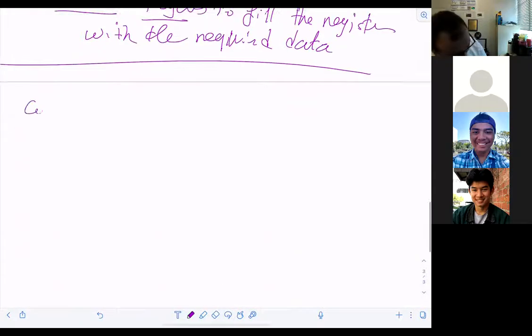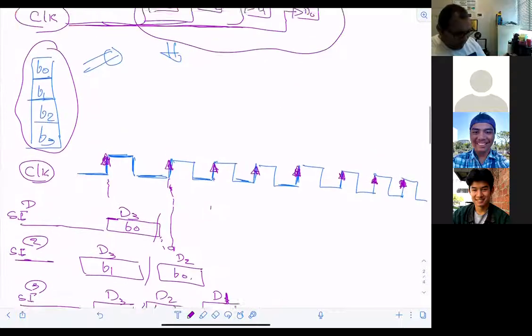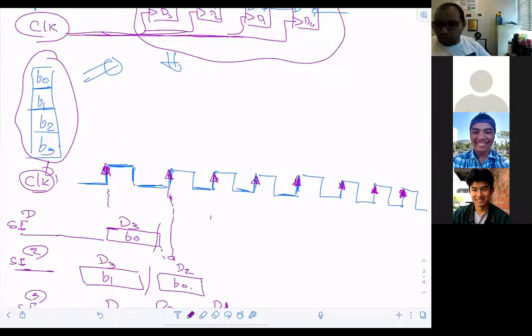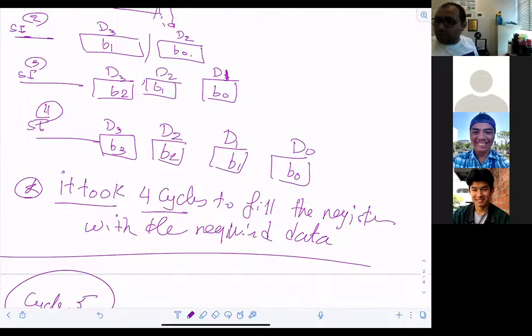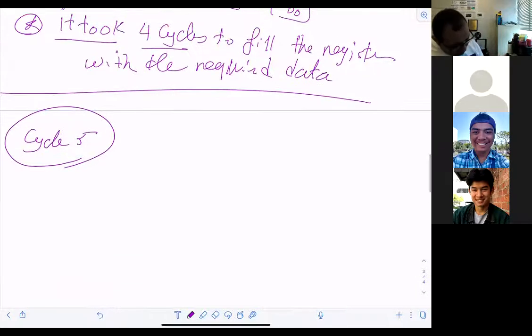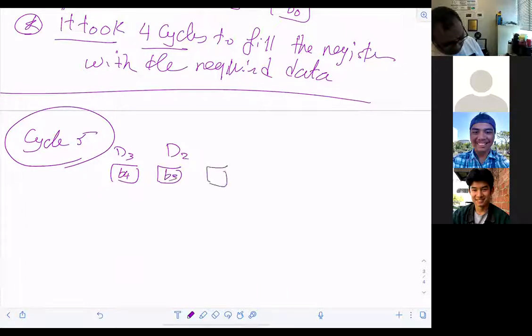So in cycle 5, there is either new data like B4, or you are pushing any garbage, right? Whether you push garbage, or B4 or B5 or whatever, SI will be pushing in the D3 B4, in the D2 B3, in the D1 B2, in the D0 B1.